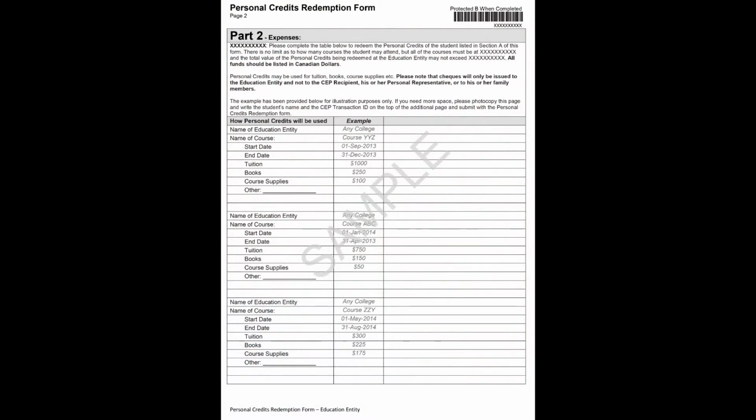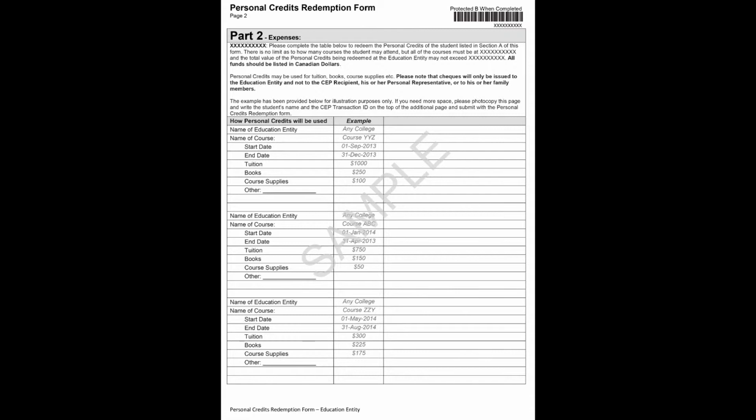On page 2 at the top, page 2 in its entirety is a section devoted to the expenses. The personal credits can be used for tuition, books, course supplies, fees, tutoring, and computers. Anything that's a necessary course fee would be outlined on the expense sheet.